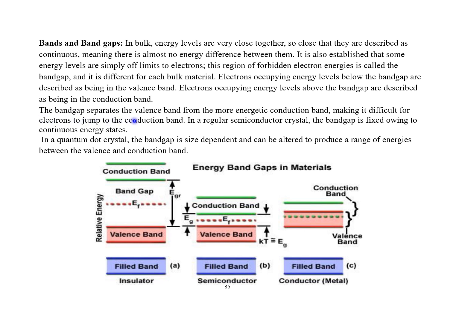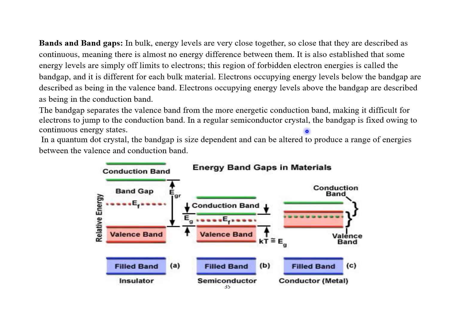The band gap separates the valence band from the more energetic conduction band, making it difficult for electrons to jump to the conduction band. طبعا هاي الانرجي اللي يجي هنا الباند جاب تفصل فيكون من الصعوبة انه ينتقل الالكترونز من الvalence band to conduction band. So it is difficult for electrons to jump to the conduction band.